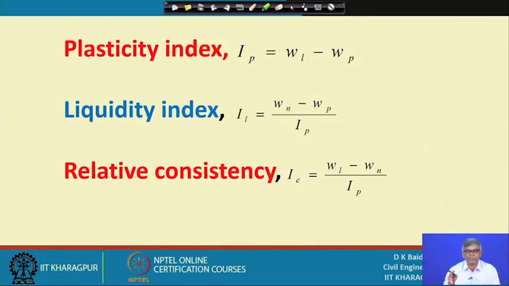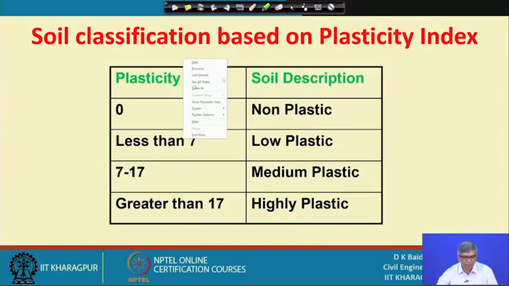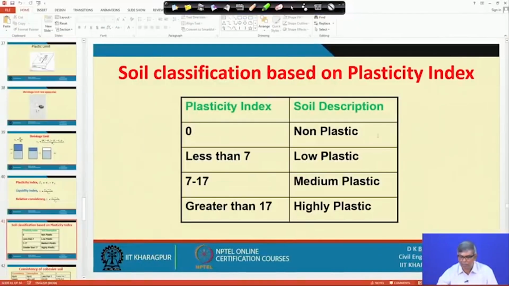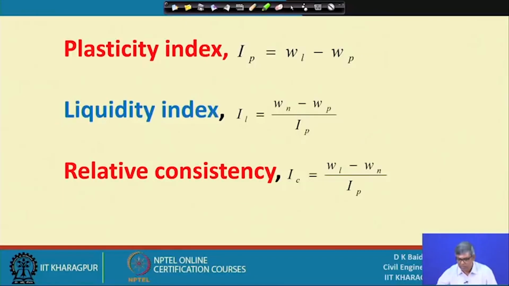After getting the liquid limit, plastic limit and shrinkage limit, we can get the plasticity index, IP, which is nothing but liquid limit minus plastic limit.